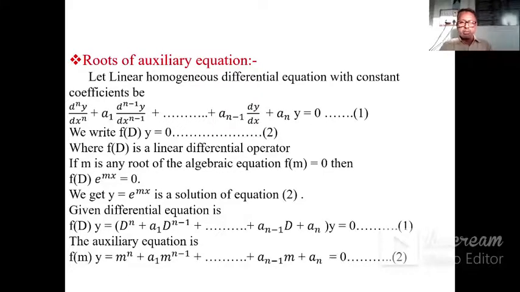Now from this we take the auxiliary equation; do not take y in this.